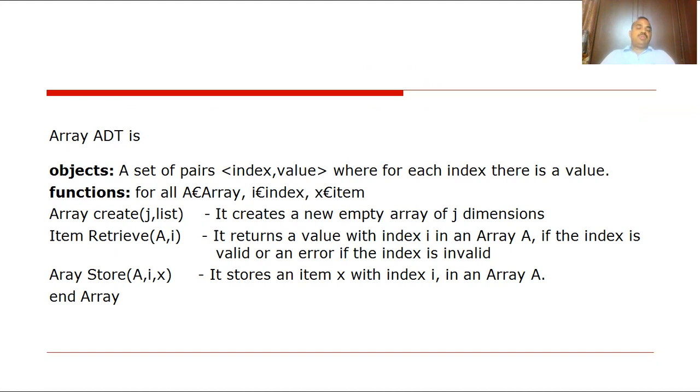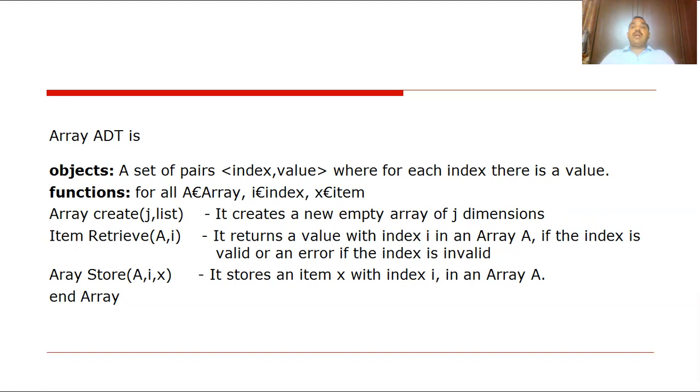Here we take an array: integer a of 10. A is an array, i is the index value and x is an item. For example, a of 2 equal to 10. 10 is x, a of 2 is an index, and a is an array. So create(j, list) creates a new empty array of j dimensions.